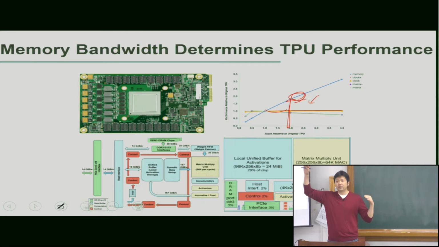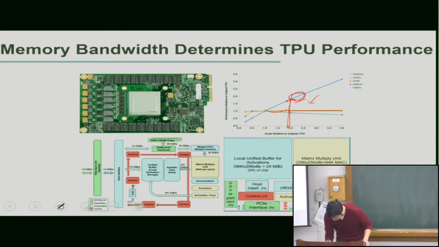So this is a scaling curve: you can arbitrarily increase the amount of resource for a specific module, and then see how much additional performance you can get. The most beneficial part is the memory bandwidth. If you increase bandwidth, then the performance grows almost linearly, right? That was their takeaway.